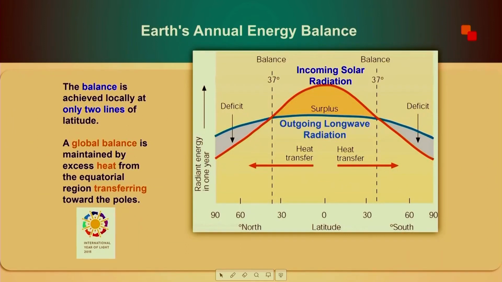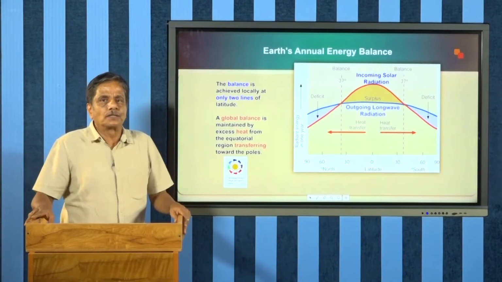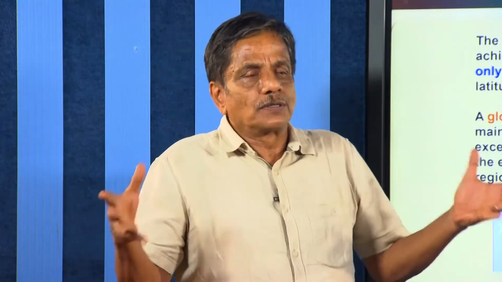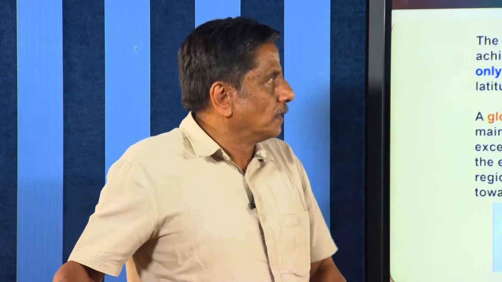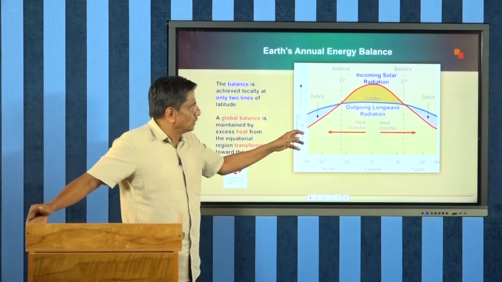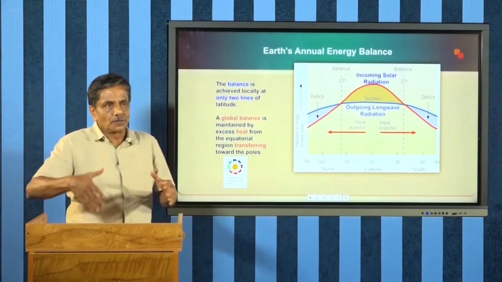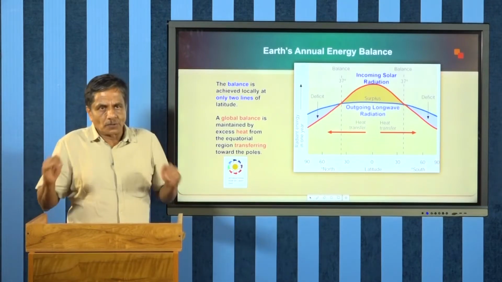Now, as I have already pointed out, there is a differential heating on the surface of the earth. The equator receives more intense energy while the poles receive less energy. We have this graph, which means the amount of radiation falling on the earth will be maximum at the equator region and minimum at the polar region.